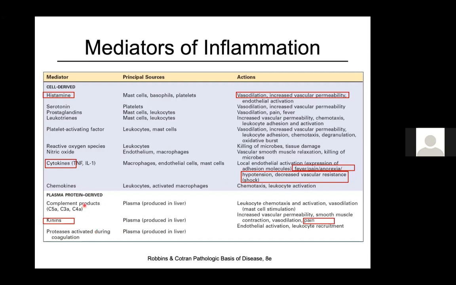For the plasma protein-derived ones, you know about the complement system and the complement proteins, and we always talk about the byproducts, and that is where they're important in the inflammatory response, the C3a especially, and C5a, okay? They're chemoattractant, and they also cause vasodilation, okay? I think the only reason I highlighted the kinins is because they specifically are associated with the pain that we feel whenever there's an inflammatory response, okay?